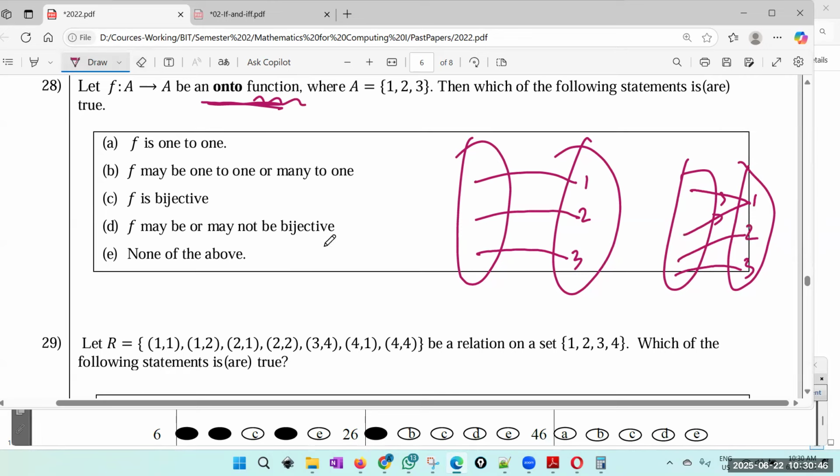F is 1 to 1. Now, is it necessarily 1 to 1? That is the problem, because F can be many to one also.